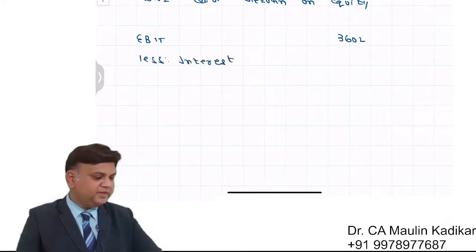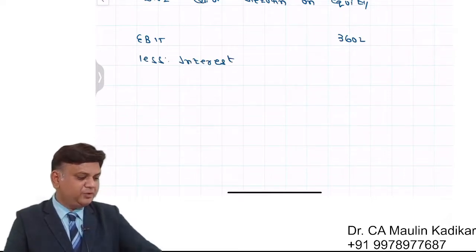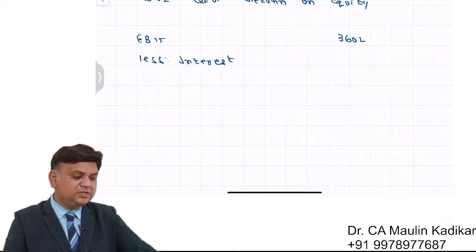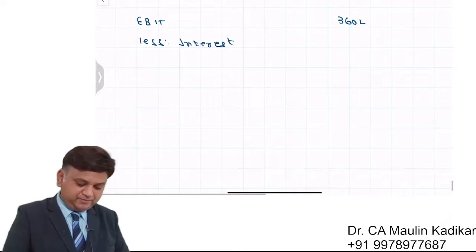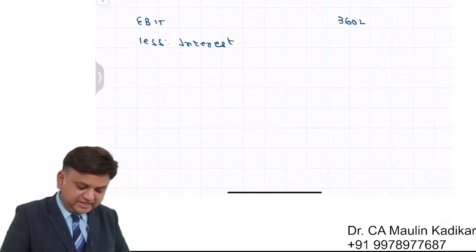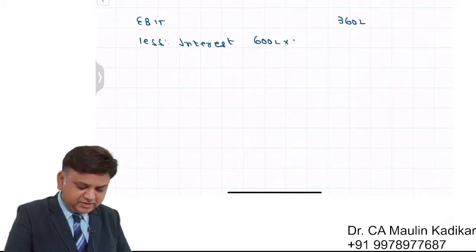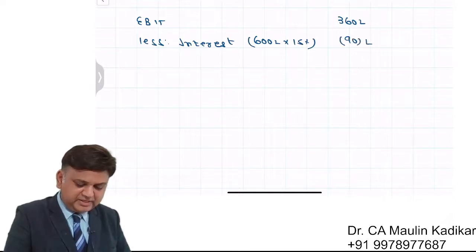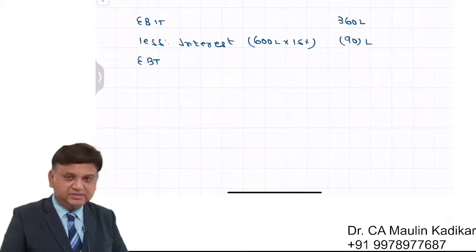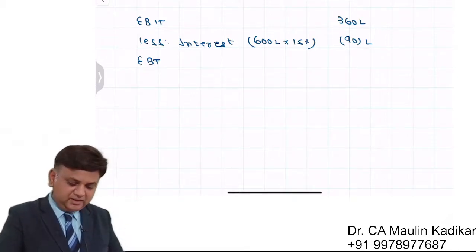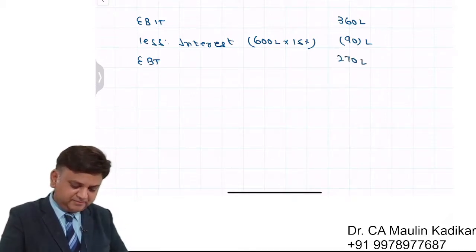The question is providing the information that capital employed comprises of 10 crore of the equity, 2 crore of the 13% cumulative preference share capital, and 15% debentures of 6 crore. So it is 600 lakhs into rate of interest is 15%. That comes to 90 lakhs. Earning before taxes, 360 minus 90, that is 270 lakhs.